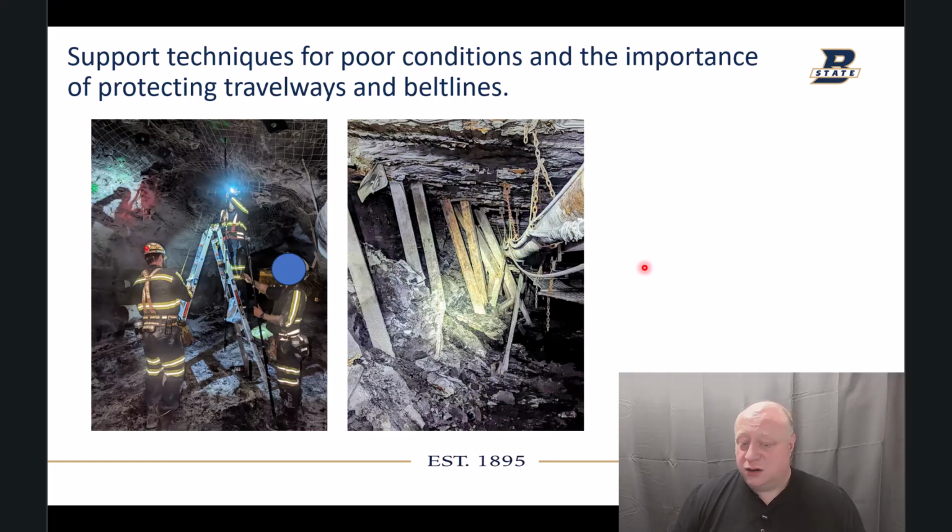For one, that's how you're getting the coal outside, and two, people are over there pretty frequently too. So those need to be considered perhaps long-term openings, where you're going to put in even extra support. So we'll talk about all that.